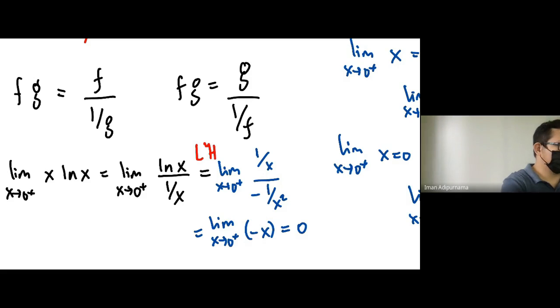So indeterminate forms: 0 over 0, infinity over infinity, and then indeterminate products, 0 multiplied with infinity, which is also indeterminate and which you can also solve by L'Hopital rule.